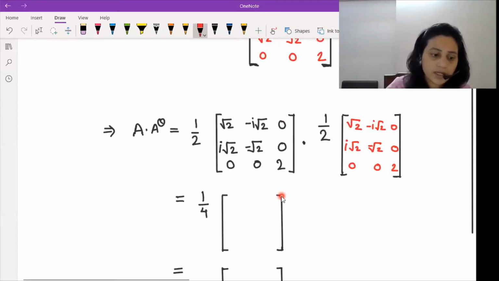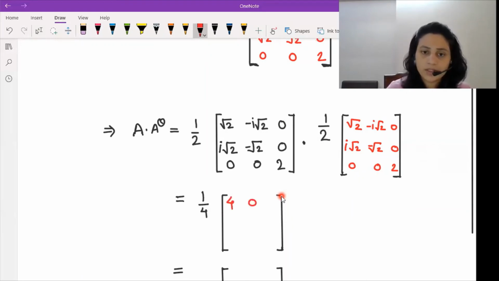So after solving this example, we will get 4 0 0, 0 4 0, 0 0 4.